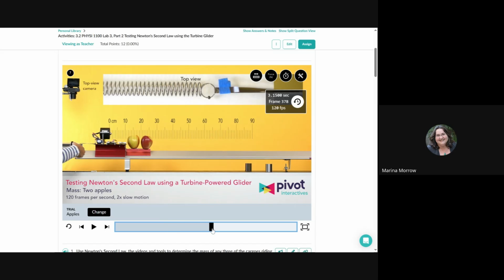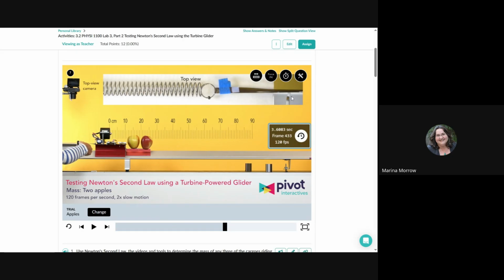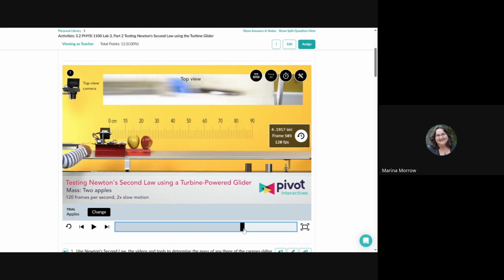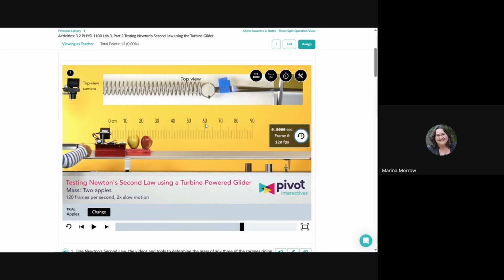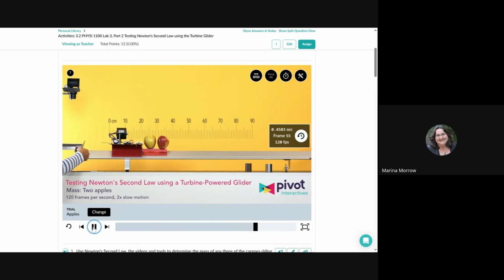There come the scissors. You can see over here the scissors are approaching. And they cut. That's the point where you want to have your 0 time. Then you want the distance to be about 70 centimeters, so let the cart go for about 70 centimeters.